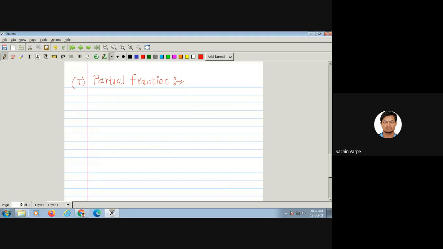As we all know, and even I've discussed the partial fraction in the last question also. To apply this method, it is necessary that, can you tell me the necessary condition to apply the partial fraction? Yes, anybody there who knows the necessary condition? Or can we apply the partial fraction all the time?